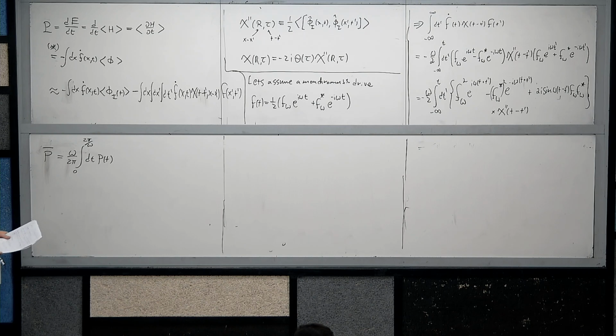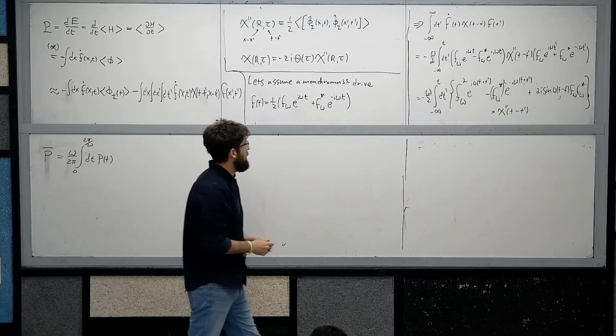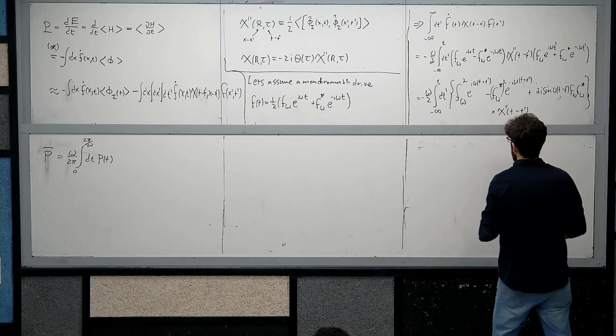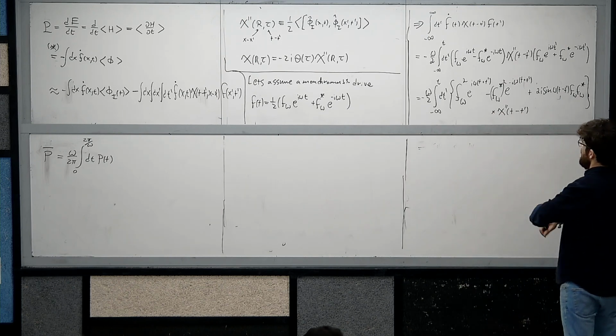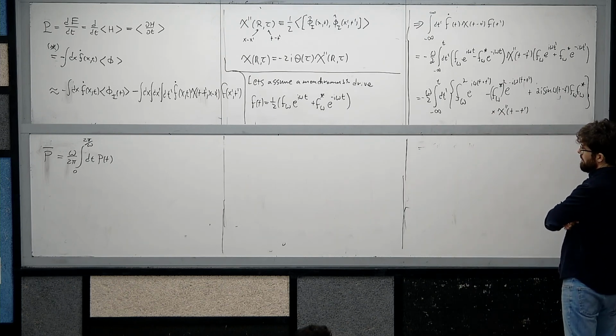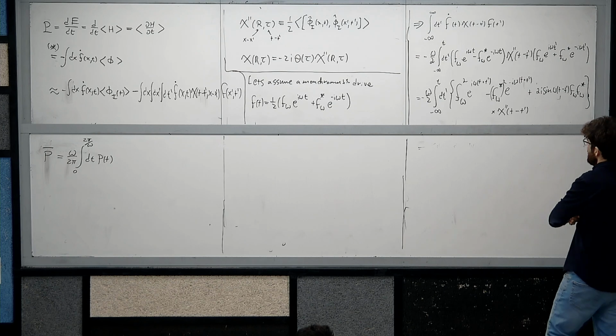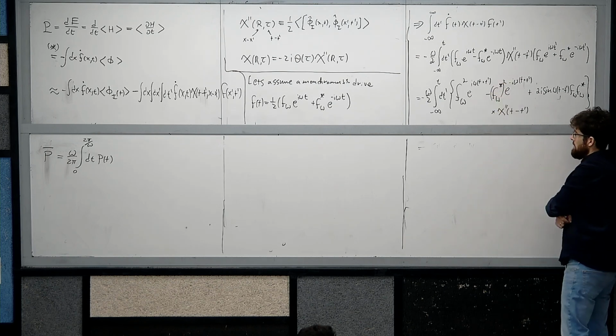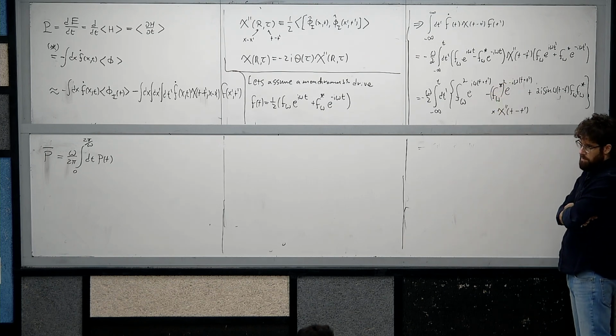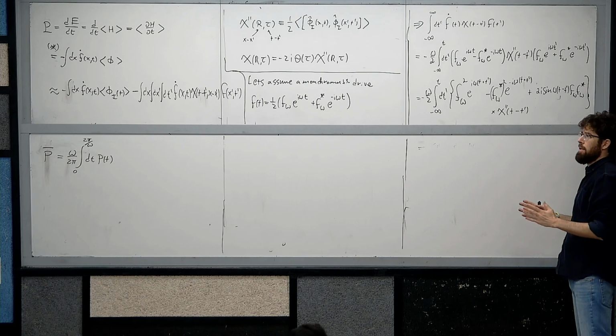So I average it over a cycle. And what I want to argue is that because everything is periodic here, these terms must vanish under this average.